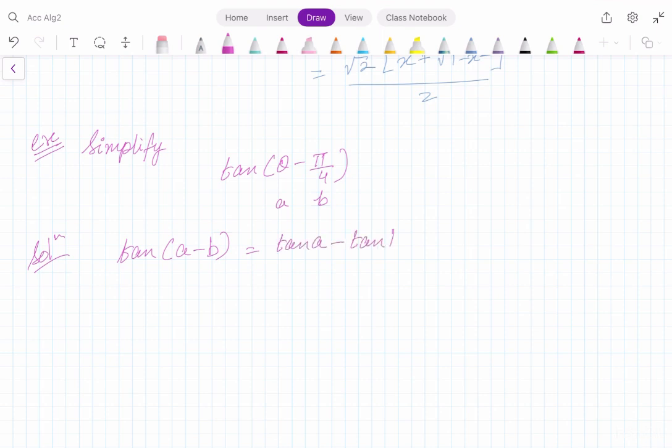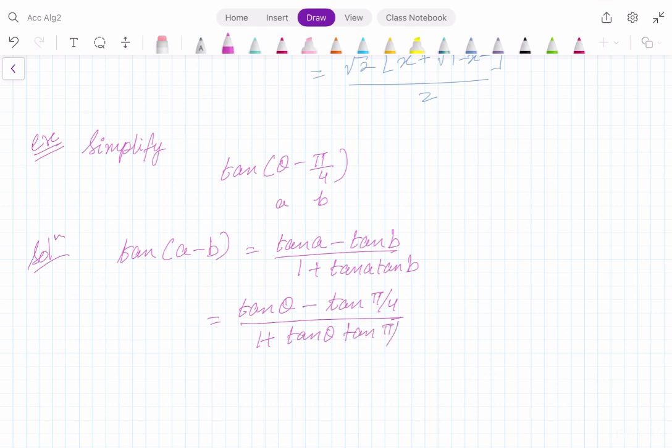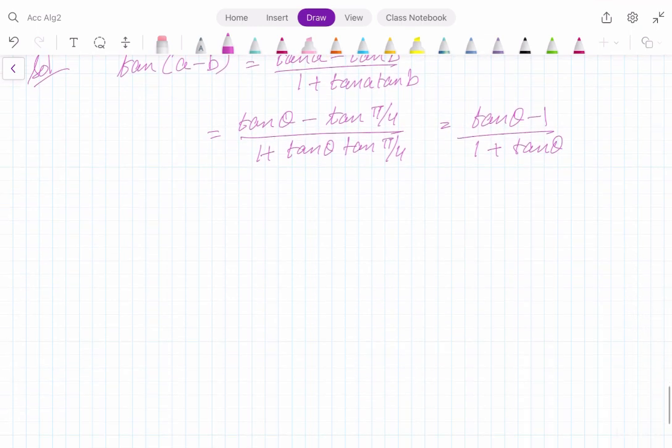So tangent A minus tangent B divided by 1 plus tangent A times tangent B. So tangent theta minus tangent pi fourths divided by 1 plus tangent theta times tangent pi fourths. What is tangent pi fourths? Is 1. So tangent theta minus 1 divided by 1 plus tangent theta. And that is your lovely answer.